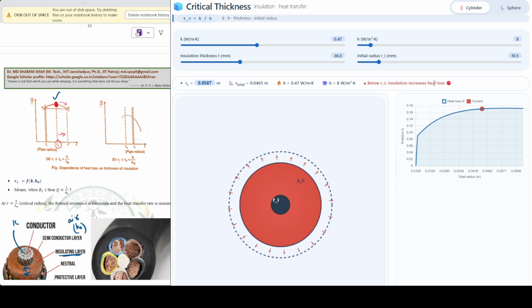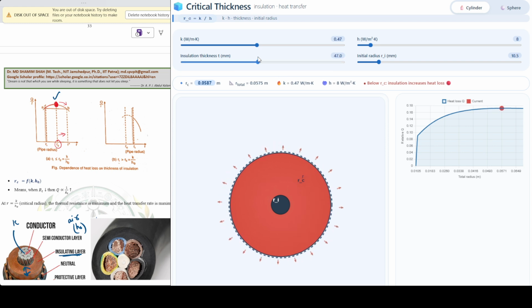See the status showing in red text, increasing up to this dotted line. RC is 0.0587. When you drop a vertical line at 0.0587, you get the maximum heat loss. This is the condition.